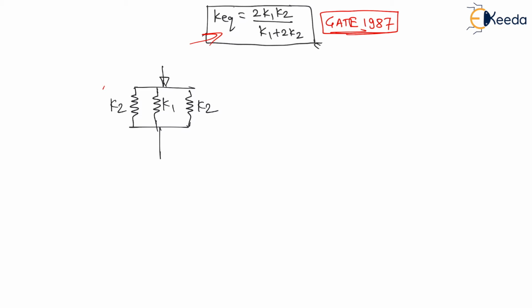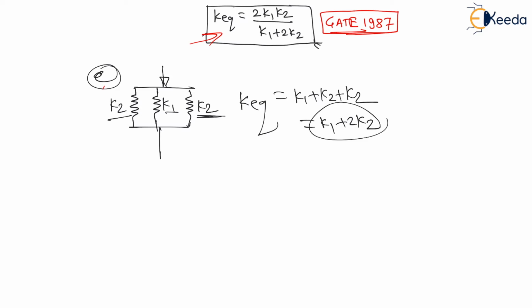Means we can say k1, k2, k2 all are in parallel. For a parallel arrangement, k equivalent is the addition of all. Therefore it is k1 plus k2 plus k2, which is nothing but k1 plus 2k2. Again, this is not the option, therefore option C is a wrong choice.